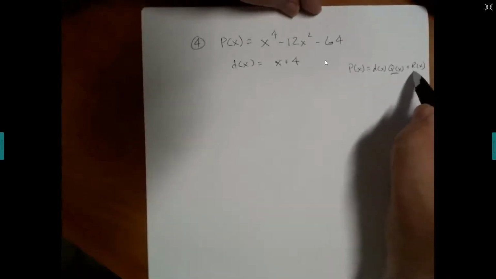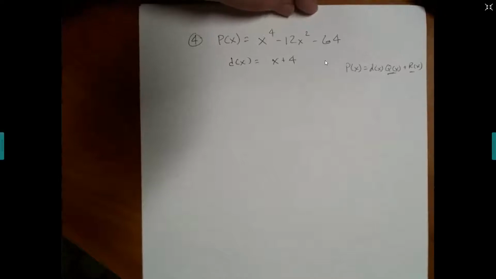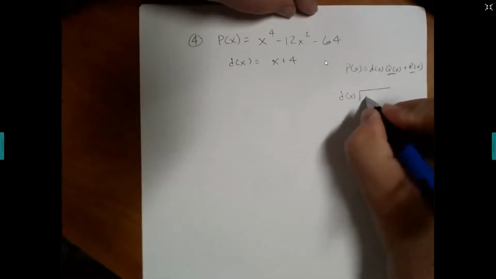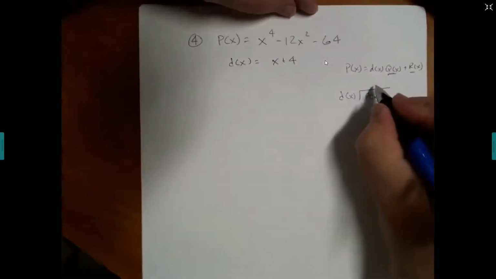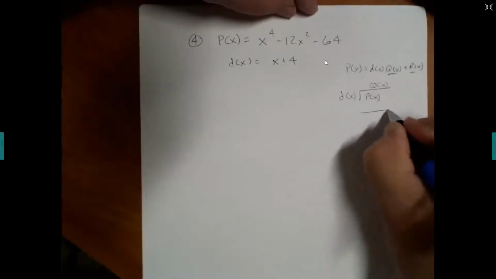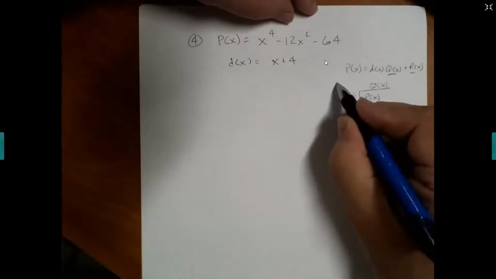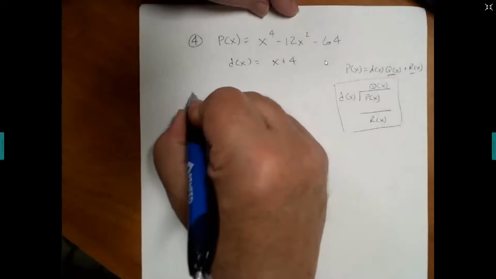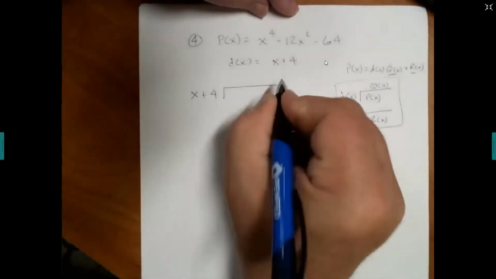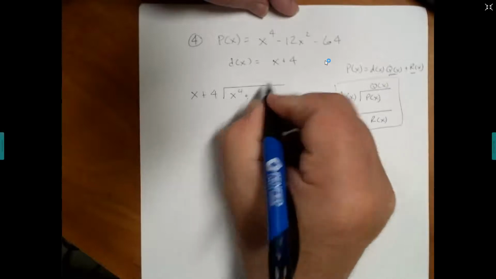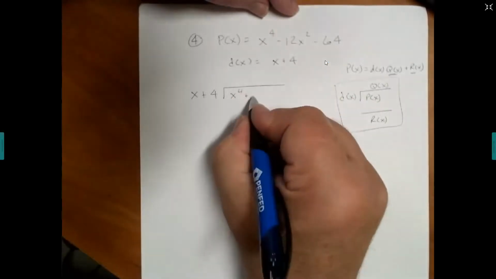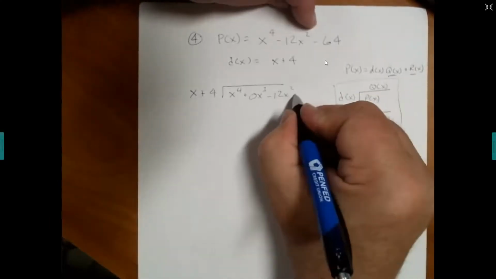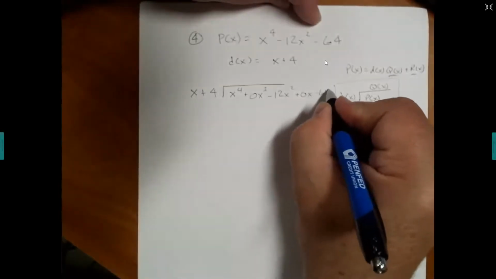So we have to find Q and R. And here's the template that we're going to put it into. So we have x plus 4 goes on to x to the 4th. Remember, there's 4, 3. We're missing a 3, so it's a 0 x cubed minus 12x squared. We're missing an x and a minus 64.